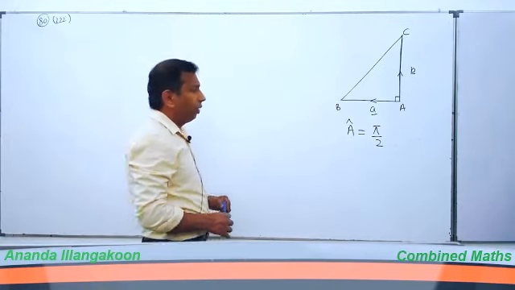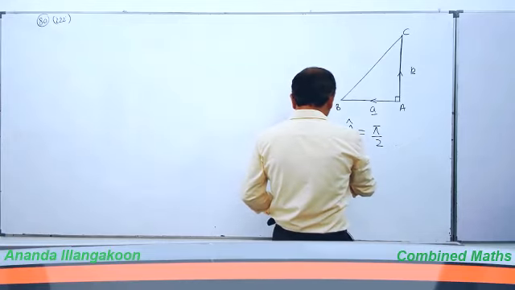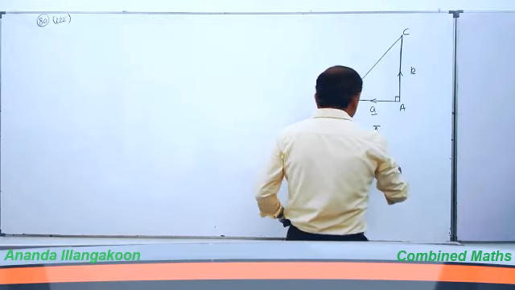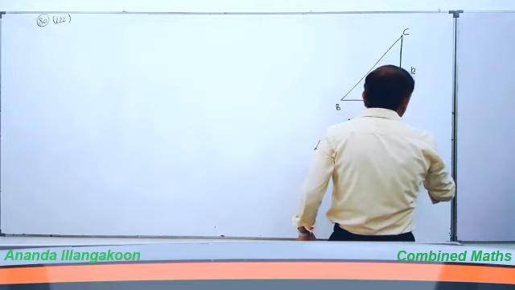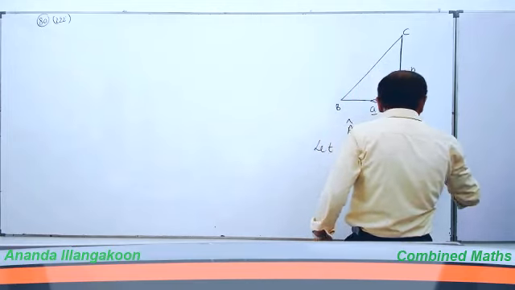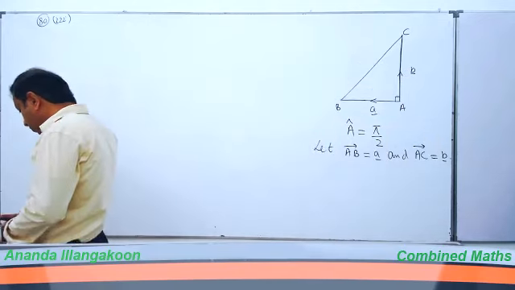Again write, let the AB vector be equal to vector a, and the AC vector be equal to vector b.